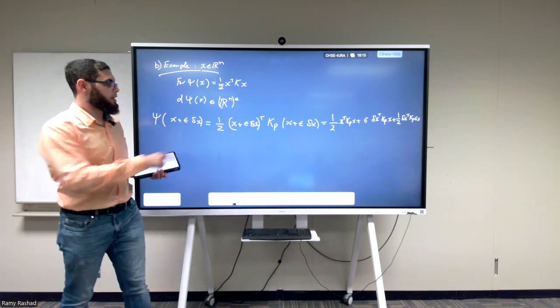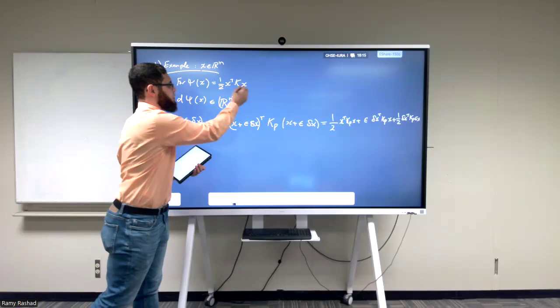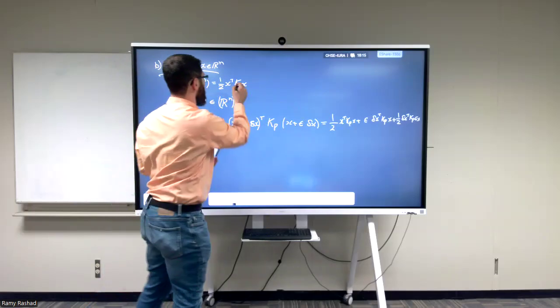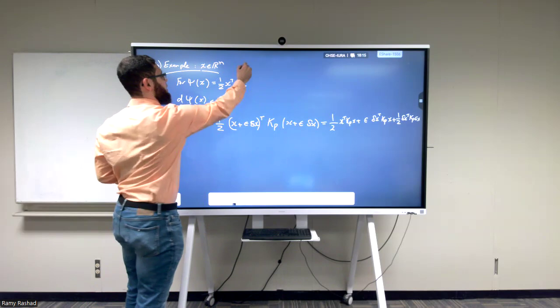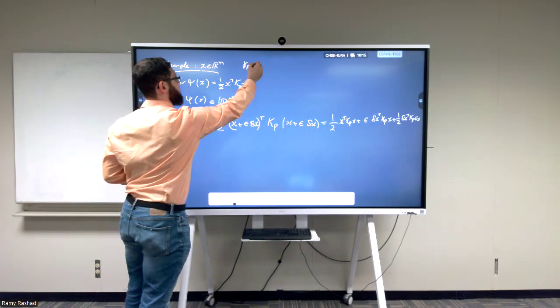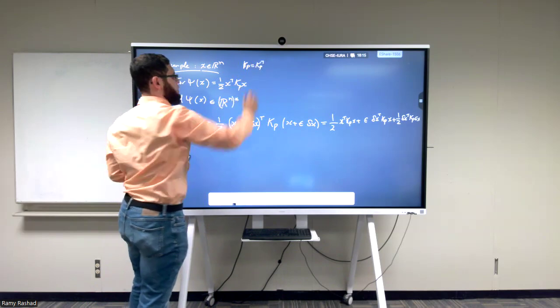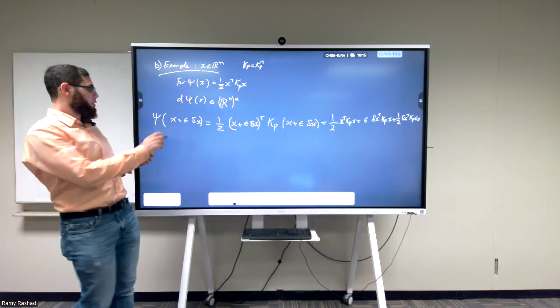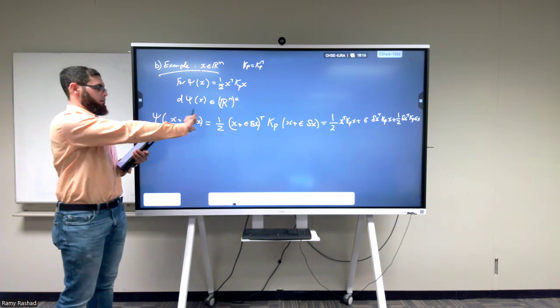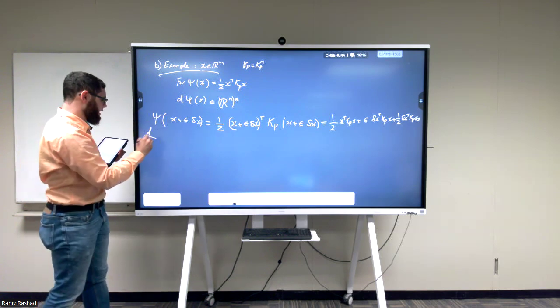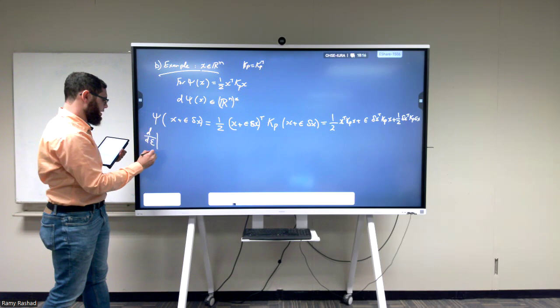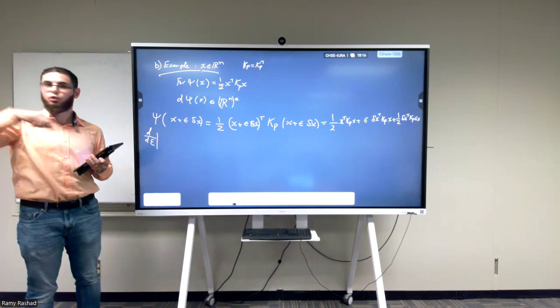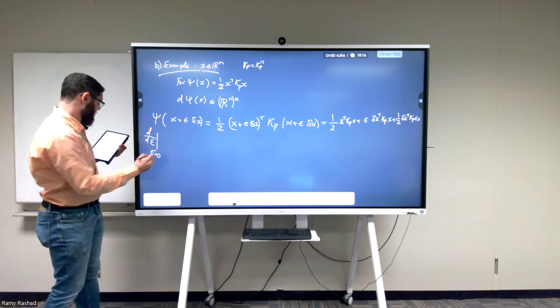Here we assume that the kp is positive. Oh, sorry, the k here should be kp, and kp is positive definite, which means it's symmetric. Now let's take the differentiation with respect to epsilon, and after we take the differentiation, substitute epsilon equal to 0.